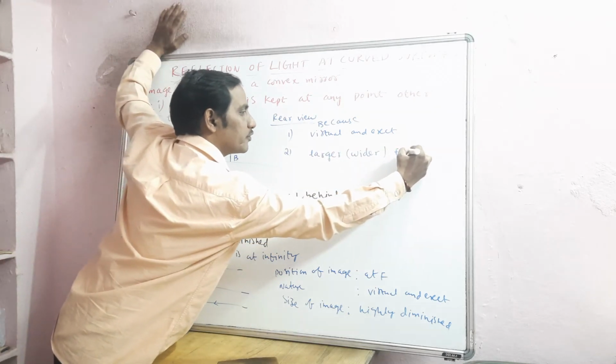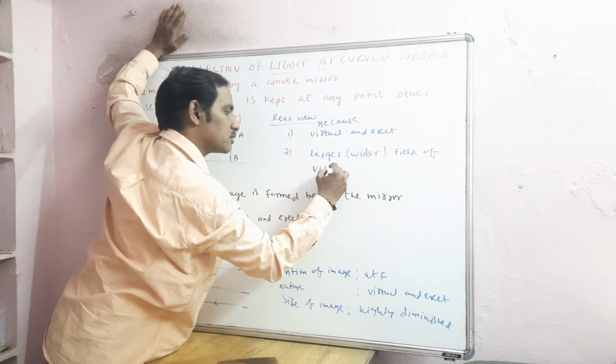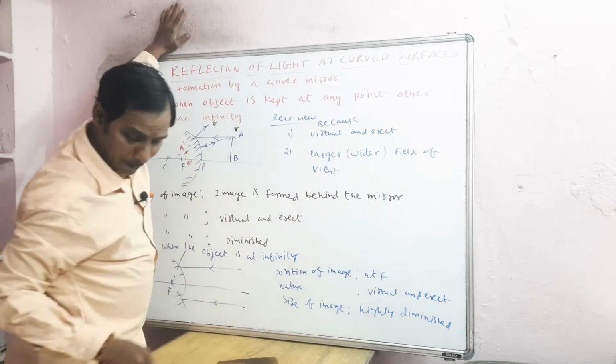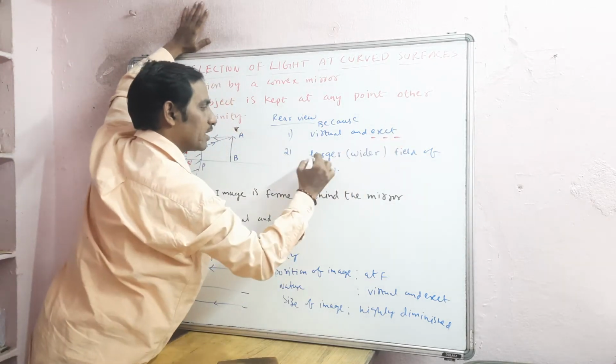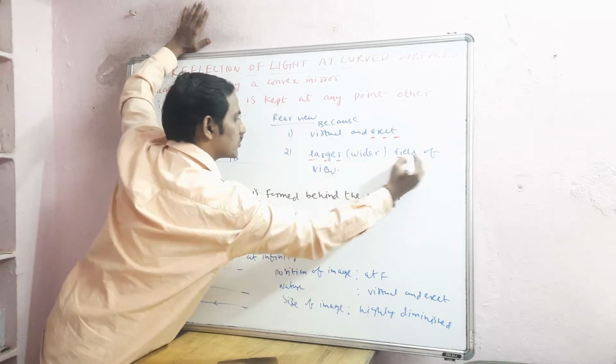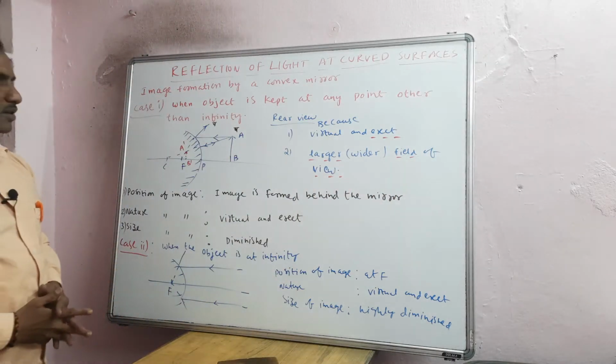These two reasons you have to write. The word erect and larger field of view should be seen in the answer script, then only they will give full marks, otherwise no.